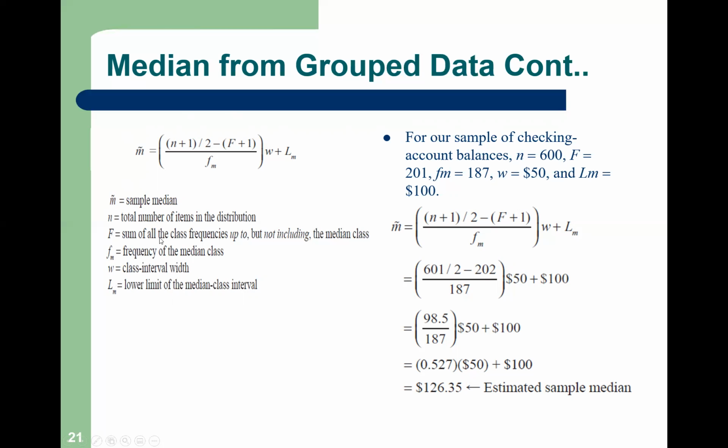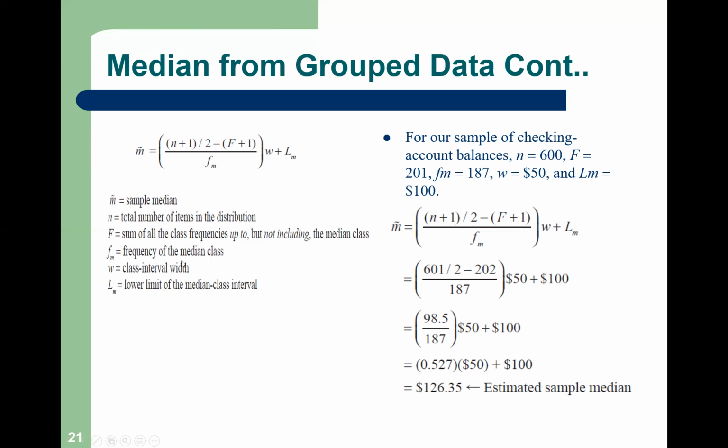F is the sum of the class frequencies up to, but not including, the median class. In our case the median class is the third class, so F would be the frequency of the first two classes. We will not include the median class.